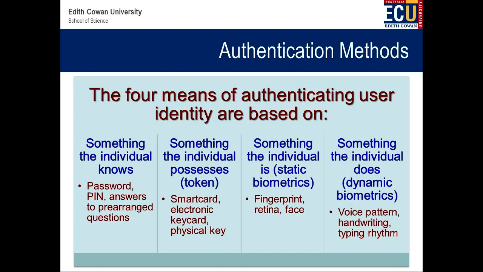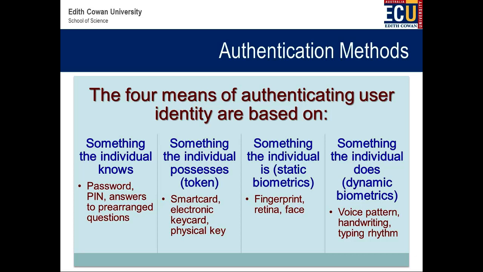Like I have been telling you since day one, in computer security it depends on the textbook or resource you are referring to. Some people claim that there are 3 aims of security; others think there should be 5. Same is the case here. This picture has been taken from the textbook we normally refer to this semester, from William Stallings. William Stallings claims that there are 4 means of authenticating a user.